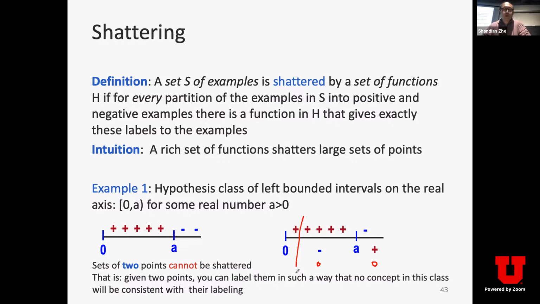If we put it in the middle, what will happen? You're going to classify the left point as positive and the right point as negative, so both examples are classified wrongly. And what if we put A on the right of the right point?